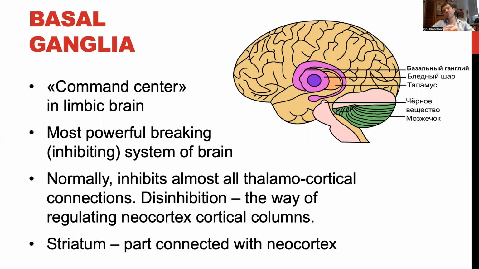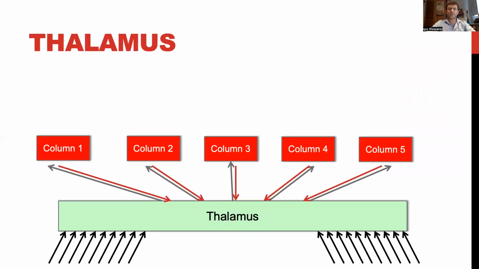It's the most powerful braking system in the brain. It inhibits most thalamocortical connections and disinhibits some of them, which is a way of regulating the neocortex's work. The part of the basal ganglia connected directly to the neocortex is the striatum. We model this part, the striatum.